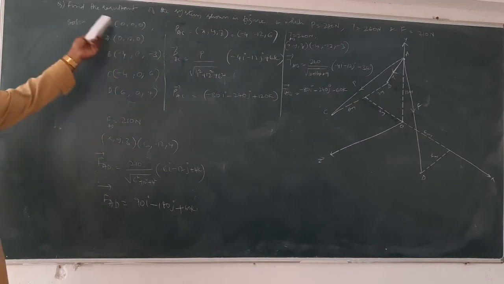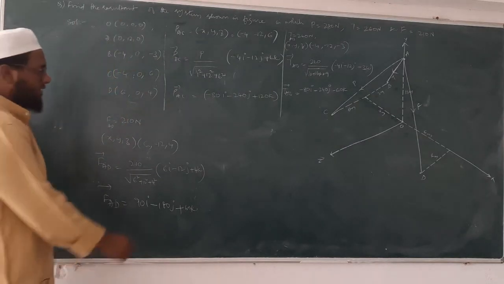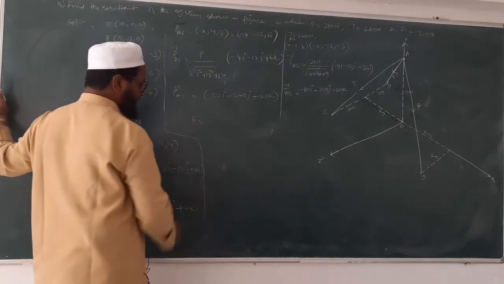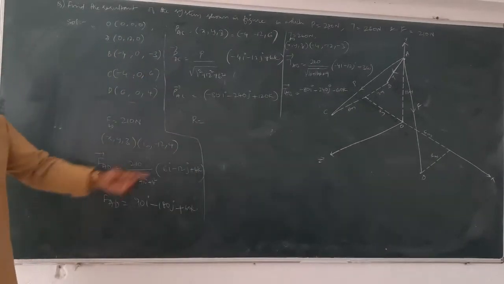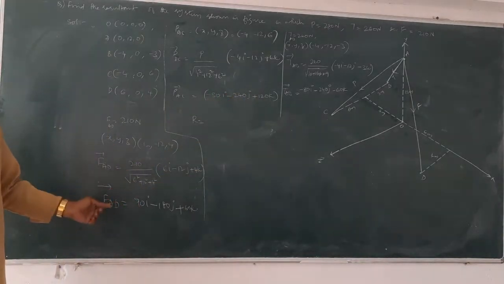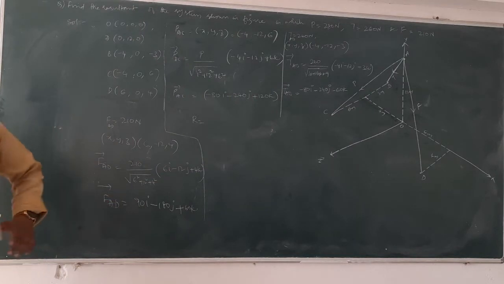Now what you have to calculate? We have to calculate the resultant. How to calculate resultant? Resultant R is equal to, I add all i's, minus 80 and 90. How much?